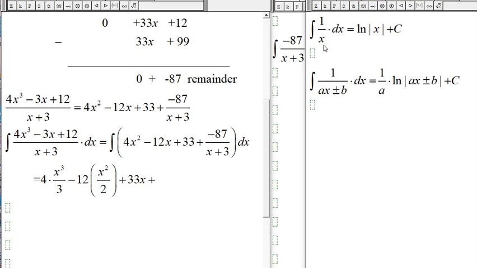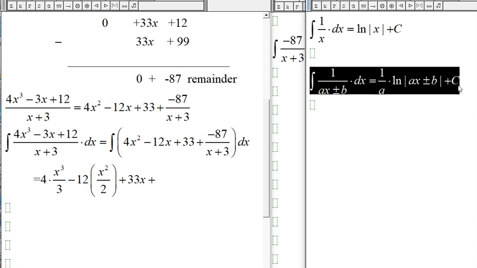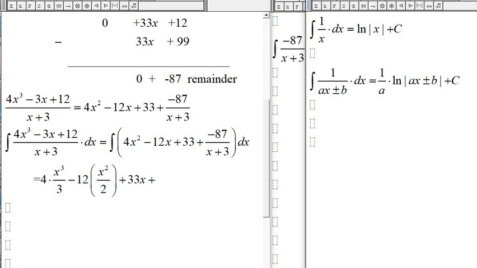Recall that the antiderivative of 1 over x is the natural log of the absolute value of x, and if we have the antiderivative of 1 over ax plus or minus b, then it'd be 1 over a, times the natural log of ax plus or minus b. Now if a is 1, then there's no a here, so this would be just 1.